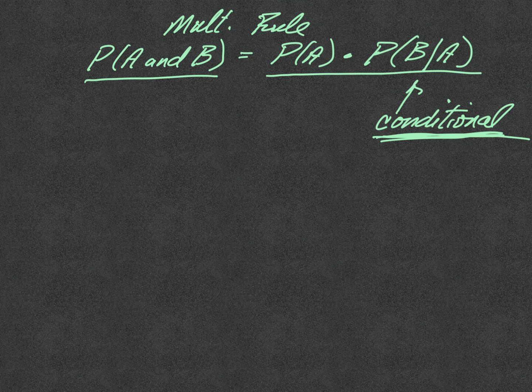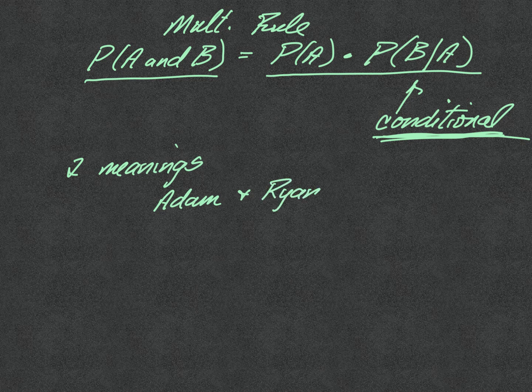A and B actually has two meanings. One of the meanings is if I said Adam and Ryan went to the store. Then I understand that if I was watching this event occur, I would be seeing both Adam and Ryan going to the store at the same time.